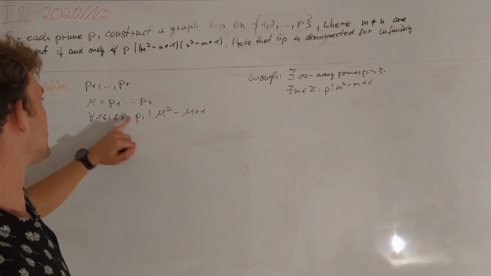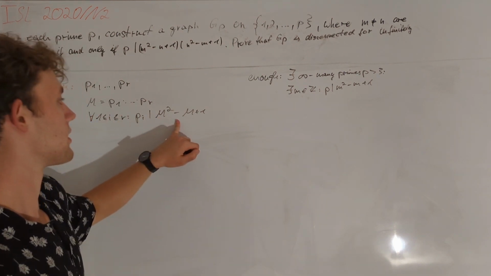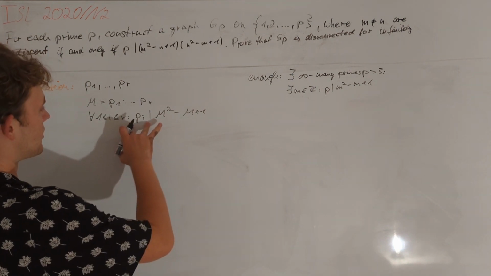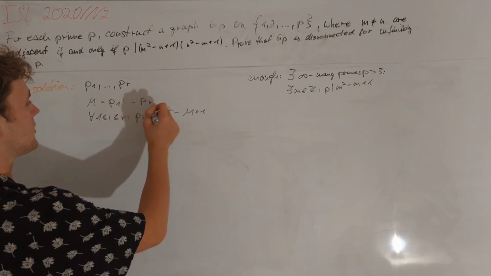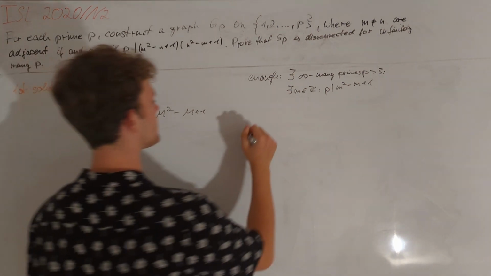So 7 is in the set, so m is greater than or equal to 7, therefore this is definitely greater than 1. Since none of these primes divided, this is a contradiction. And we are done.